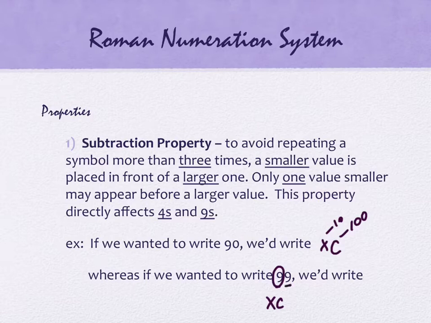And then how do we get 9? Well, that one you probably have seen and know. What's 9? IX. There's a 1 in front of a 10, so that gives me 9 at the end. I know it'd be better to write IC. It'd be shorter, right? But you can't do that.